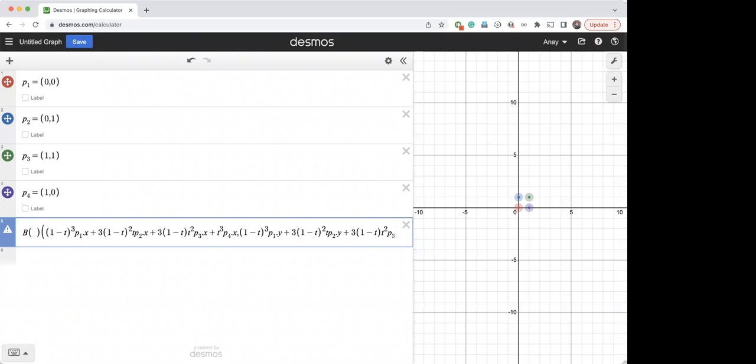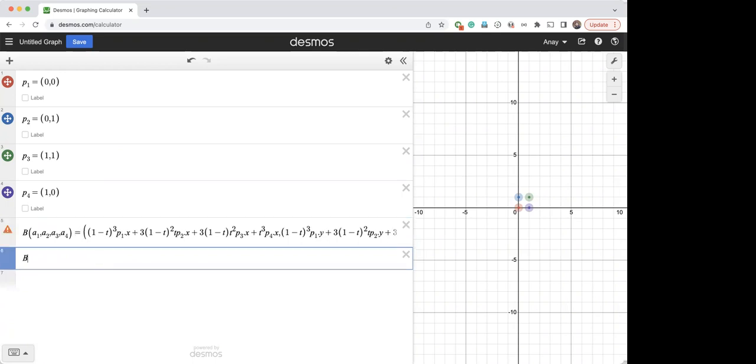So we can basically say A1, comma, A2, comma, A3, comma, A4. That gives us this. And I'll just call it here B of P1, comma, P2, comma, P3, comma, P4.